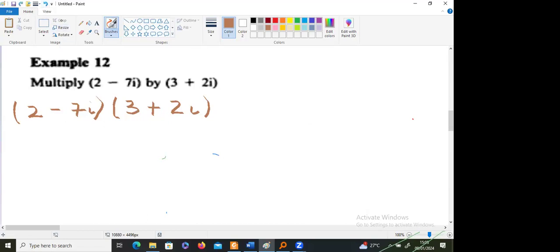We shall take that 2, and the 2 will multiply the whole 3 plus 2i, and we shall also take the negative 7i, and it will also multiply the whole 3 plus 2i.